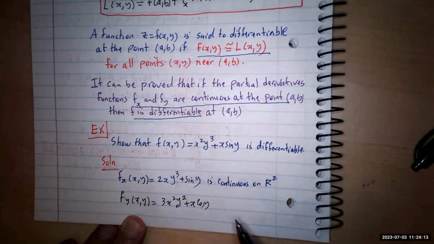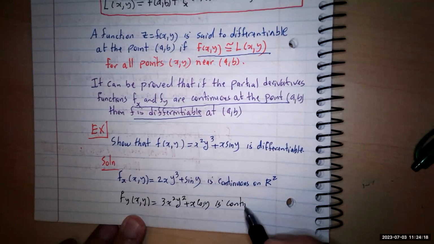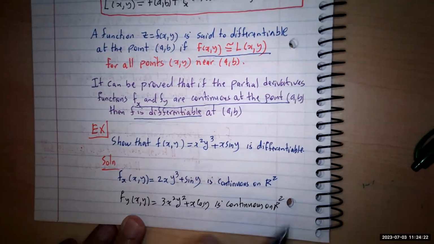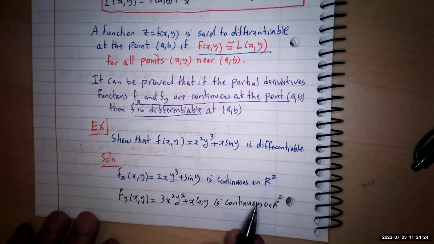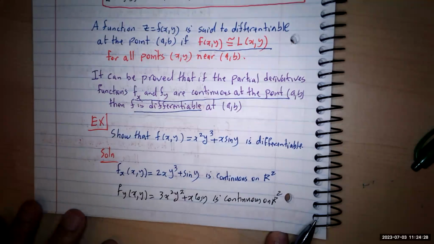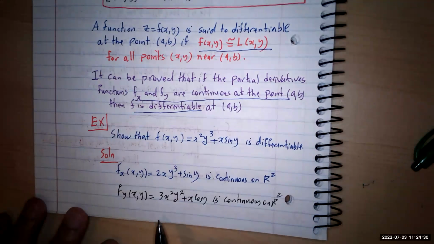Nice. Polynomials and trigonometric functions are continuous, so it's continuous on R2. That's it. The partial derivatives are continuous, so the function is differentiable in the sense of differentiability, just the Fréchet one.